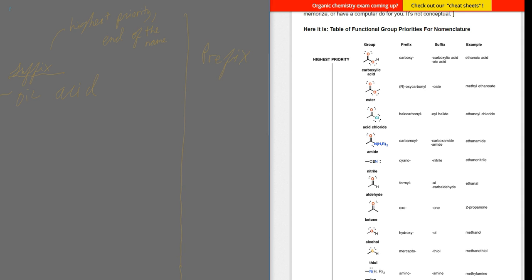Usually prefix is just for the substituents, and it goes in between the name, or you can think of it as before the name, but it looks like in between the name. I've never seen this one being used, so I have to look into this some more.